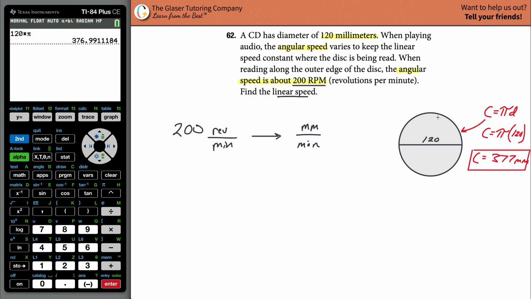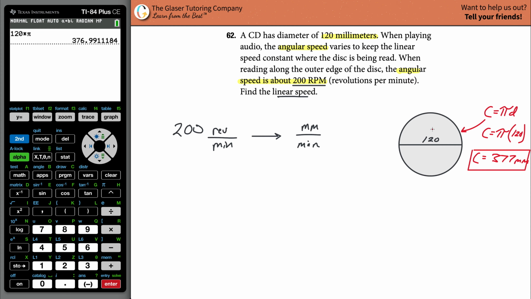So when this disc makes one full rotation, how far does this particular point travel? Well, it travels a total length of 377 millimeters.